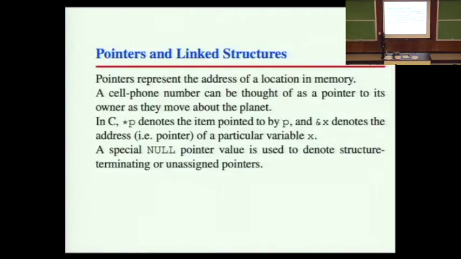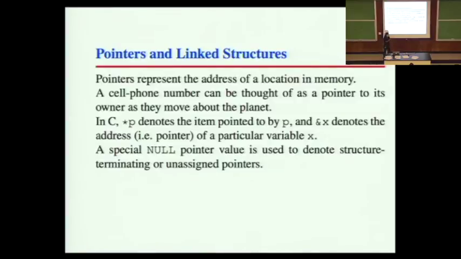I don't know what language you guys are using, but in C, which is what Steve's been using, star P denotes the item pointed to by P. So P is a pointer, and if you want to figure out what element it's pointing to, it's star P, and ampersand X denotes the address of a pointer.